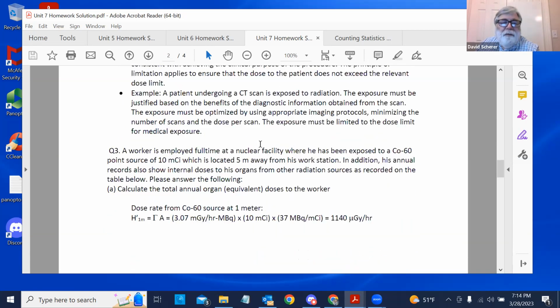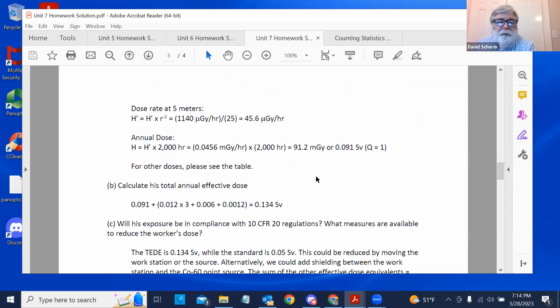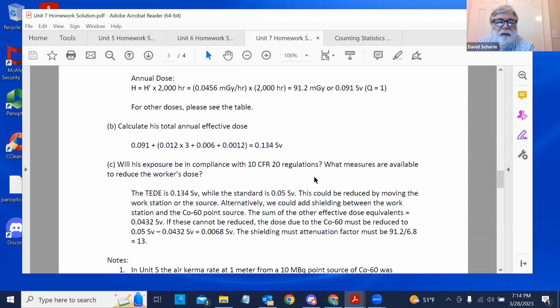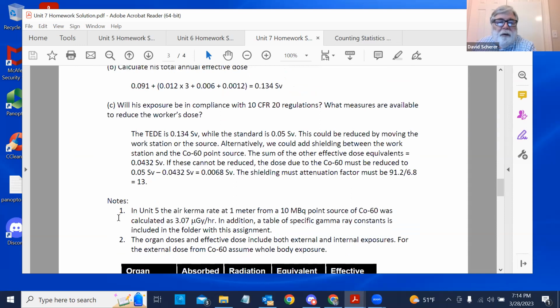Next question, the computation question: a worker is working in a nuclear plant or a nuclear facility, has a point source of cobalt-60 that's 10 millicuries in activity, located 5 meters away. On the original problem, there was a hint that we figured out the air kerma rate in a homework in one of our classes.